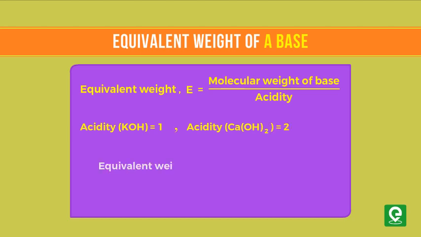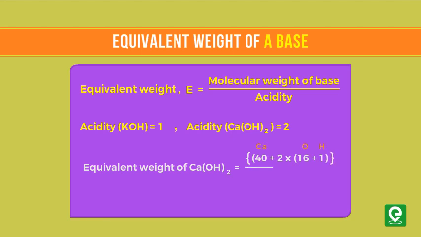Hence, equivalent weight of KOH is equal to 39 plus 16 plus 1 divided by 1, which is equal to 56 by 1, that is 56. And similarly, the equivalent weight of Ca(OH)2 is 40 plus 2 into 16 plus 1 divided by 2, which is equal to 74 by 2, that is 37.